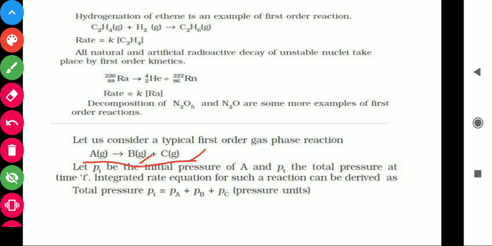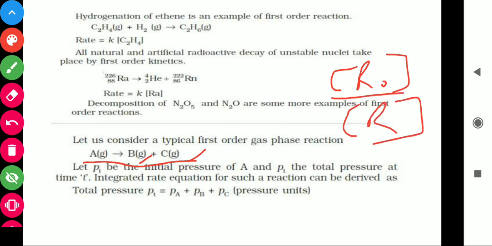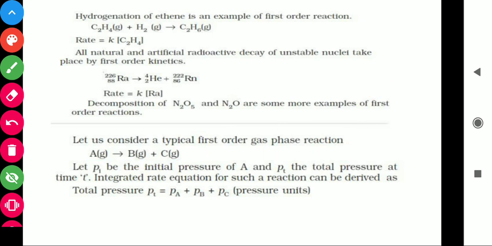There we have taken R naught by R in the reaction. Here in place of concentration of reactant, pressure will come, means P initial upon P. Let's discuss its derivation.